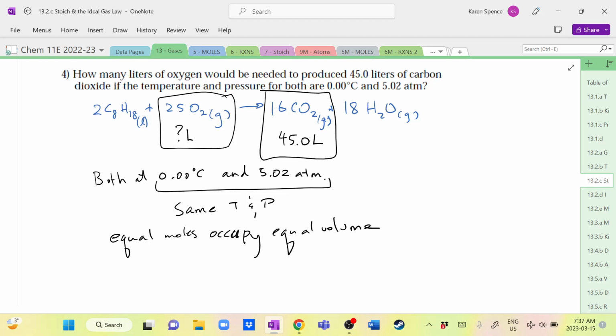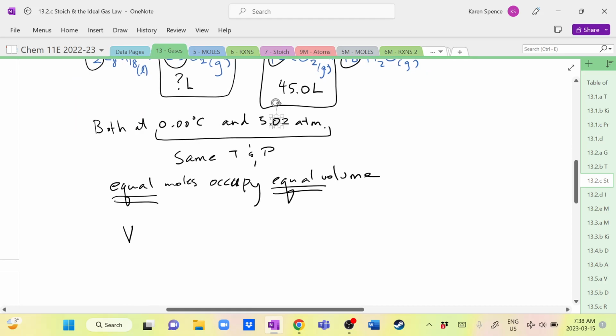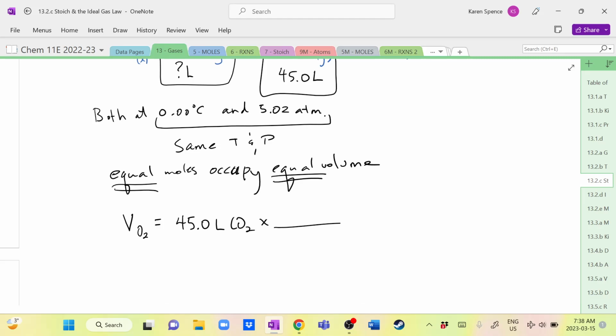So the mole ratio, the 2 to 25 to 16 to 18, works whether you're dealing with moles or whether you're dealing with volumes, because equal moles occupy equal volumes. So we can do a straightforward calculation like this. The volume of O2 is equal to 45.0 liters of CO2 times, and we can use the mole ratio, but in this case it's the volume ratio.